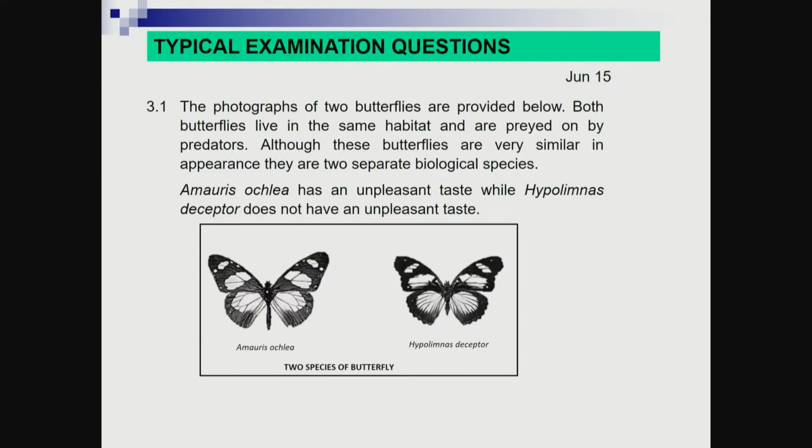Then example questions again of variations and survival in a habitat, as I said before. Identify the variation and identify the favorable characteristic and the unfavorable characteristic.